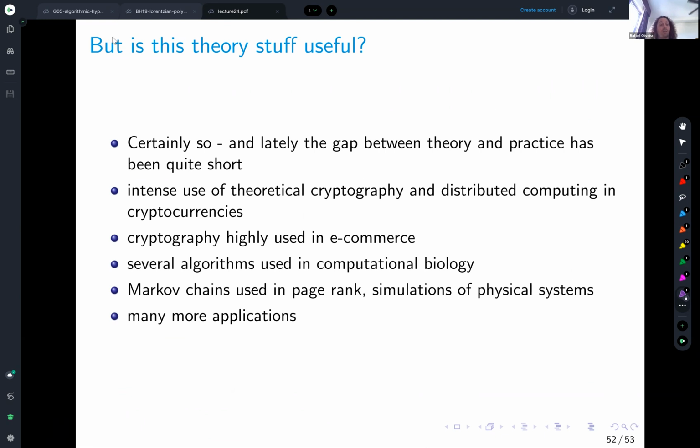The answer is certainly so. Lately, I may even dare to say that the gap between theory and practice has been quite short. And it's not just lately, because if you think about how linear programming was developed, the applications were right there, begging to be solved.